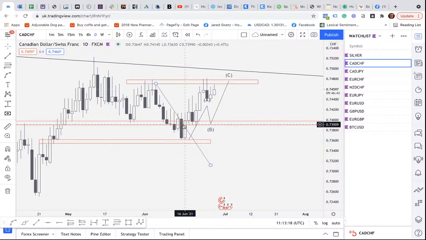So that's typically what we're looking for. We might actually look to get a sell position back down, but right now a little bit more development needed.